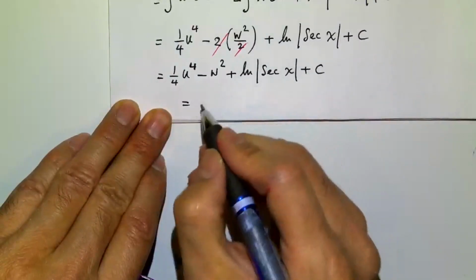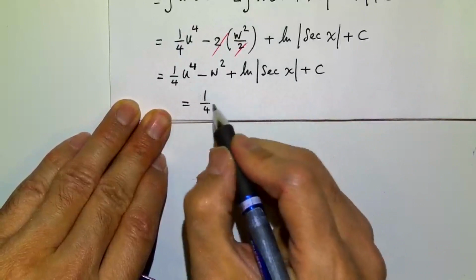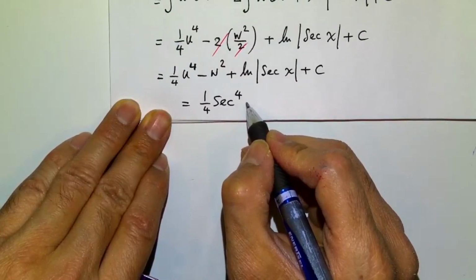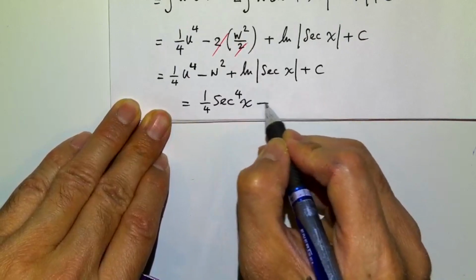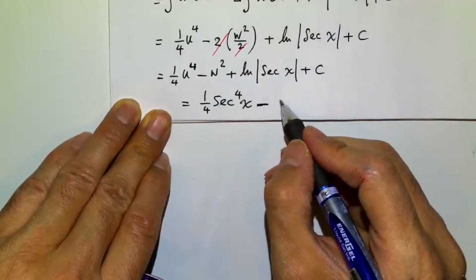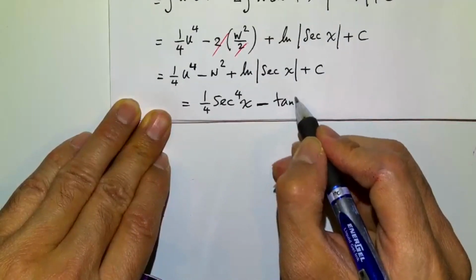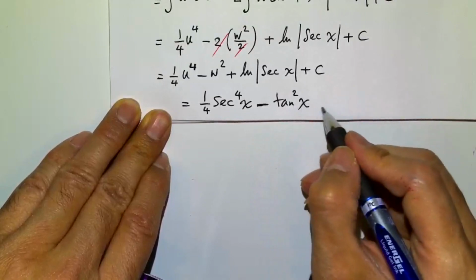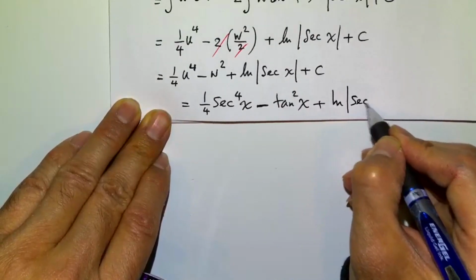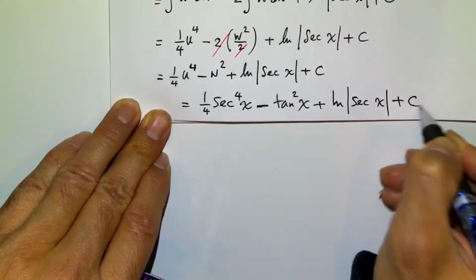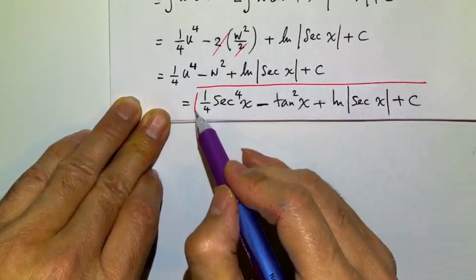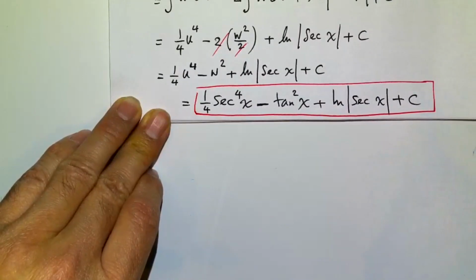So we have equals 1 over 4 secant to the 4th power of x minus, for w we pick tangent x, so minus tangent squared x plus natural log of secant x plus c. And there we have our antiderivative here.